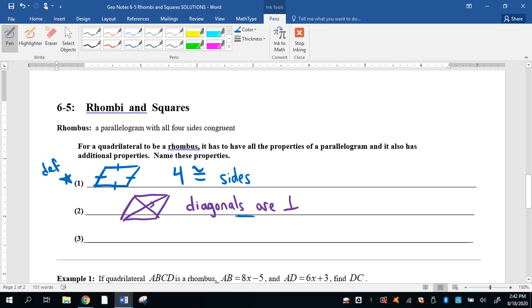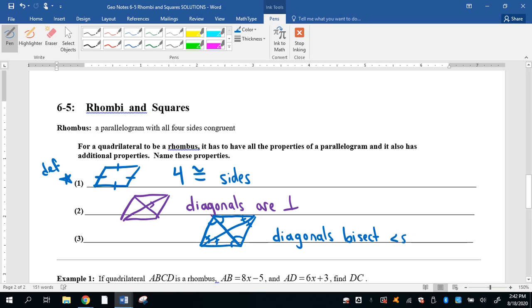When you look at a diagonal, it bisects the angles. And we already know that a rhombus is a parallelogram, so the opposite angles are congruent, and since the diagonals bisect the opposite angles, we have these 4 being the same, as well as these 4 measures being the same. So diagonals bisect the angles. Those are your 3 additional properties.